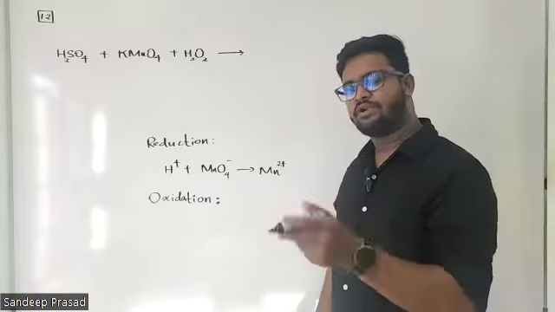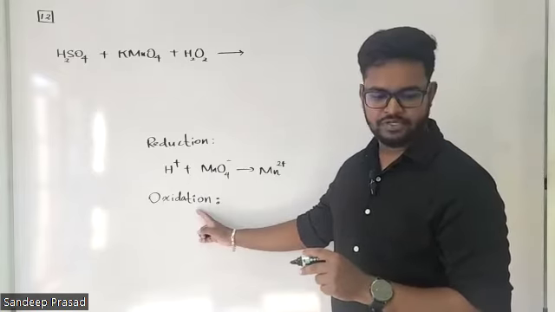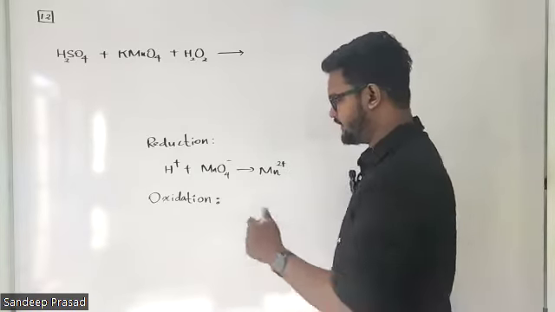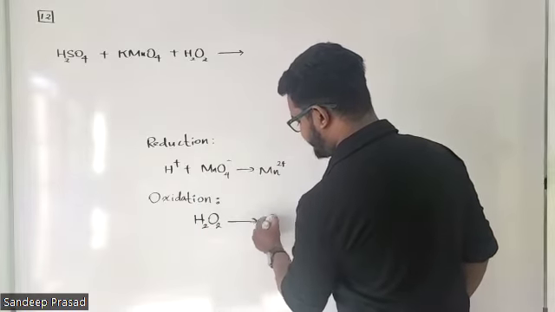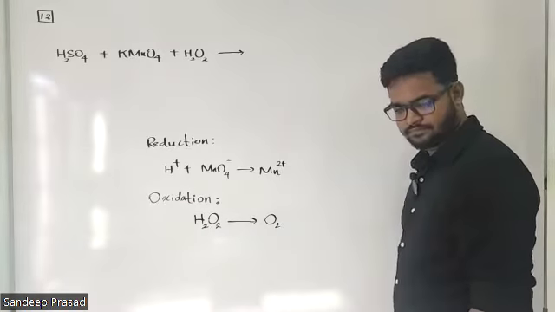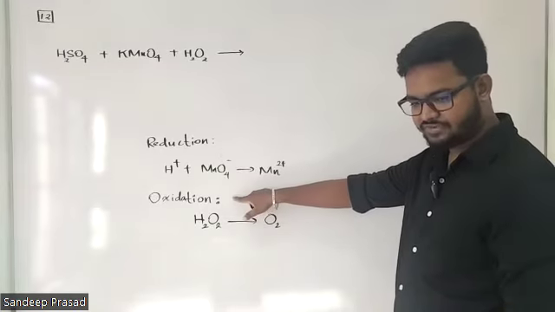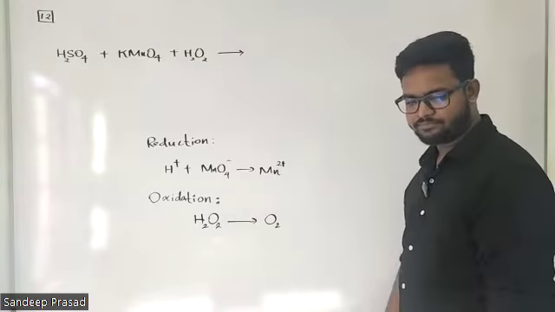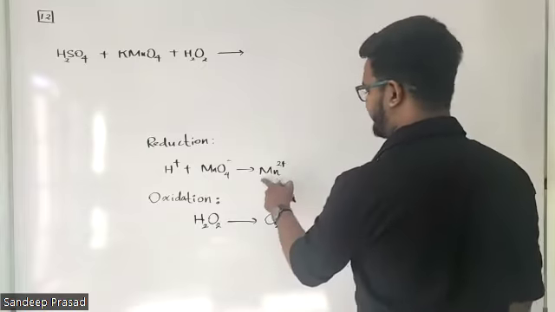Permanganate is reducing, so definitely hydrogen peroxide should oxidize. It is going to oxidize into oxygen. So these are the reduction and oxidation half reactions you have to remember. Depending on these, now you can predict the products.